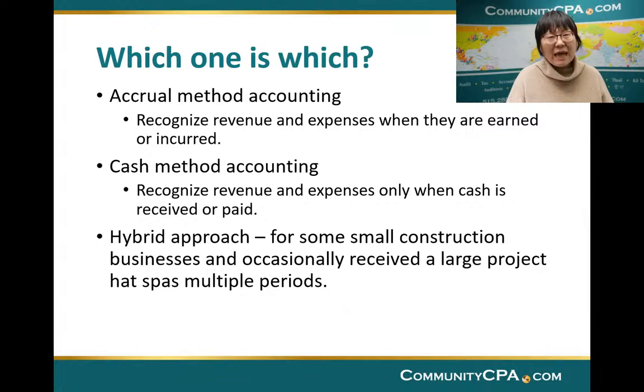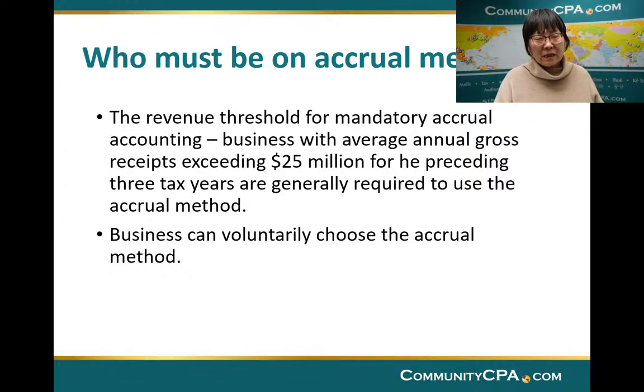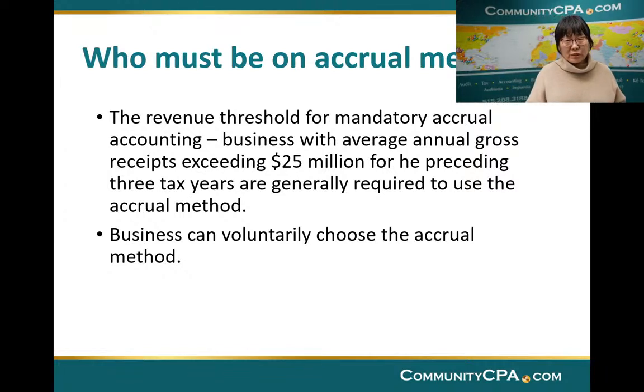All right, so let's just look at accrual accounting. Accrual accounting is the one most of the construction companies are using, who must be on accrual method. Not every company needs it. If you want to use an Excel spreadsheet for your in and out, no problem.